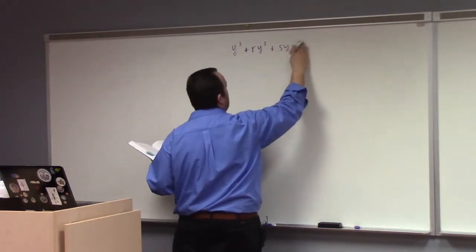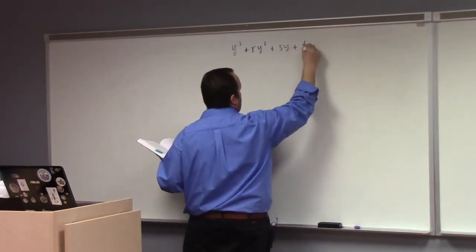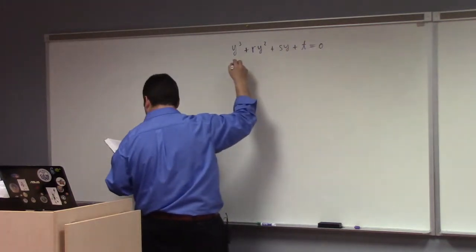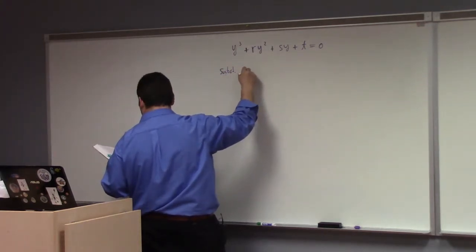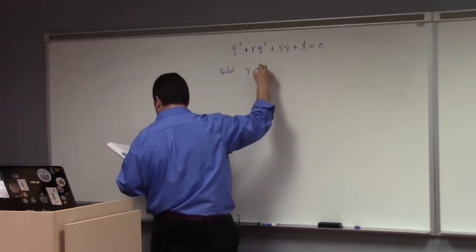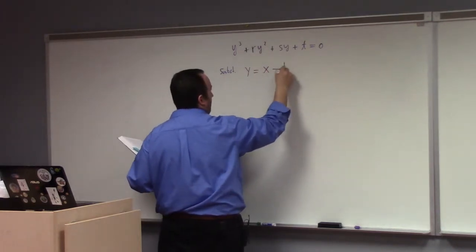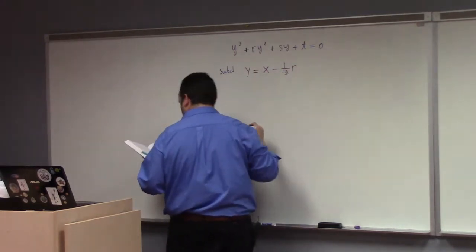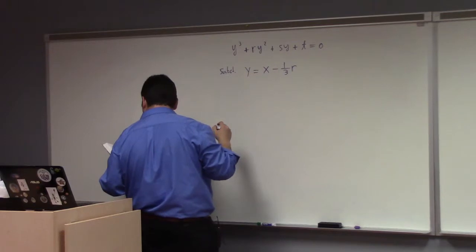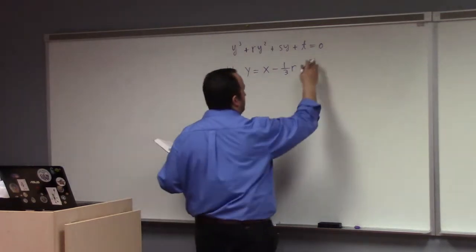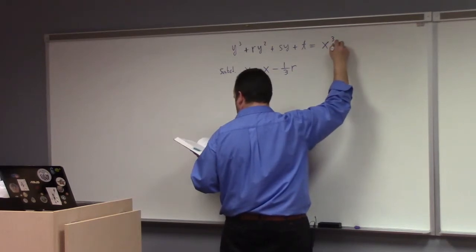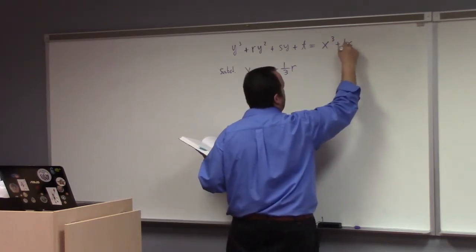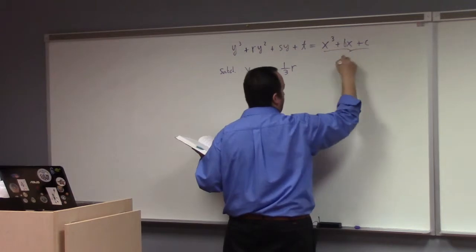He starts with this, then makes a substitution of y equal to x minus 1/3 r. That makes this equal to x cubed plus bx plus c, a so-called depressed cubic, right?